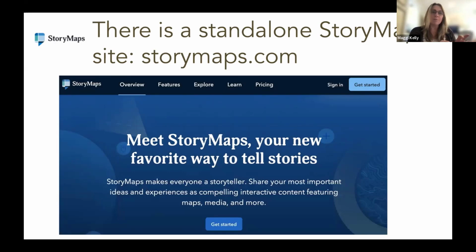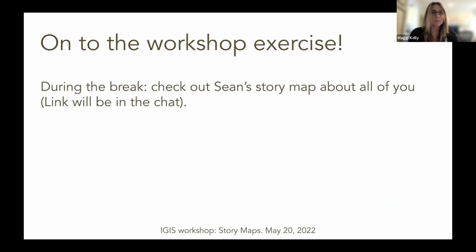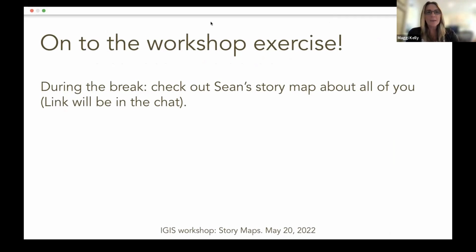So if you go away from this workshop and you go Story Maps, let's look it up, and you land on this site, this is sort of a separate site that they're pushing, but it's a lot lighter, and it doesn't offer all the options that we're going to go through today. So I just wanted to mention that, yeah, there's lots of ways to do this. Okay, so that is all I have, and I'll stop share and turn it over to you, Sean.